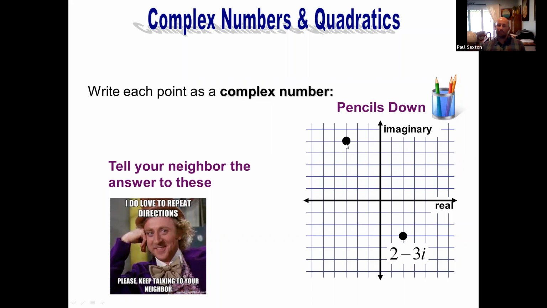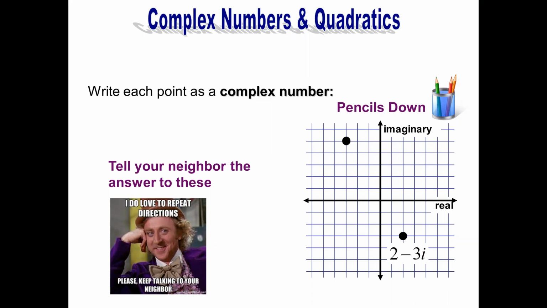So look at this next point. Leonardo, what's this one going to be? That point right there. What complex number represents that one? Is it negative 2?